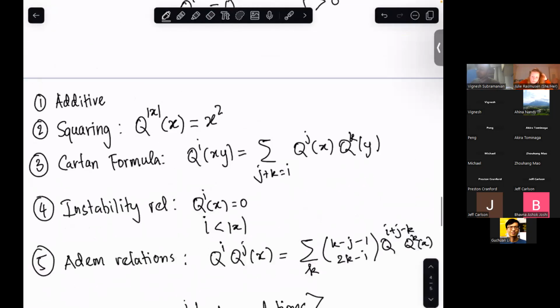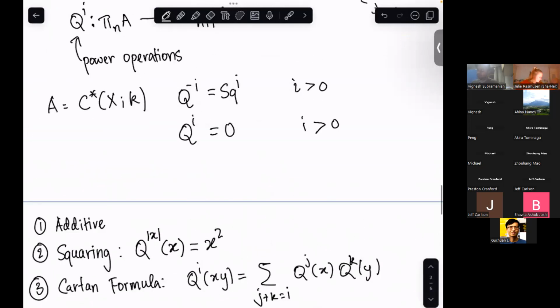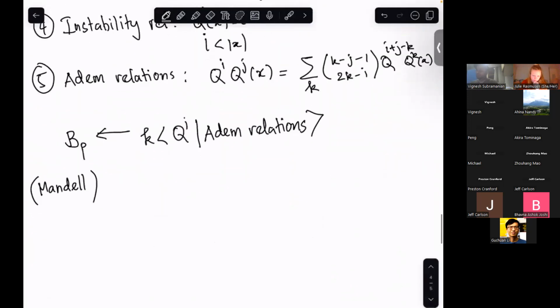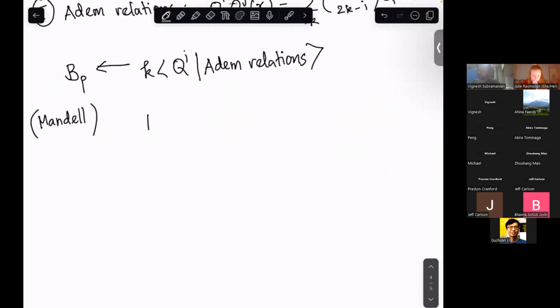So I told you that when we are considering spaces, this is going to be the same thing as the usual Steenrod operations, and you know that they are cohomology operations, and then these power operations. And how are these two related? You have the algebra of power operations, and you have an operation called Q0. You can consider the two-sided ideal generated by Q0, and you can quotient by this two-sided ideal.